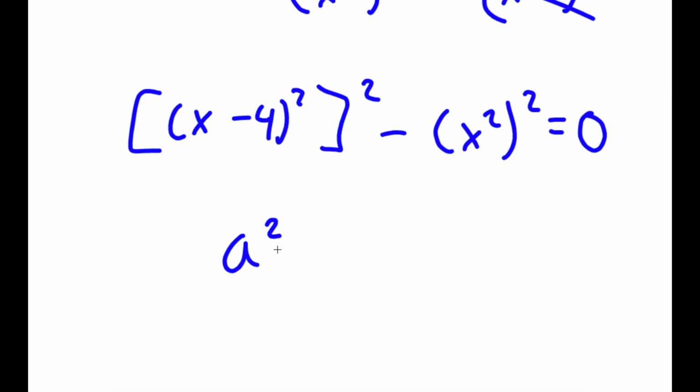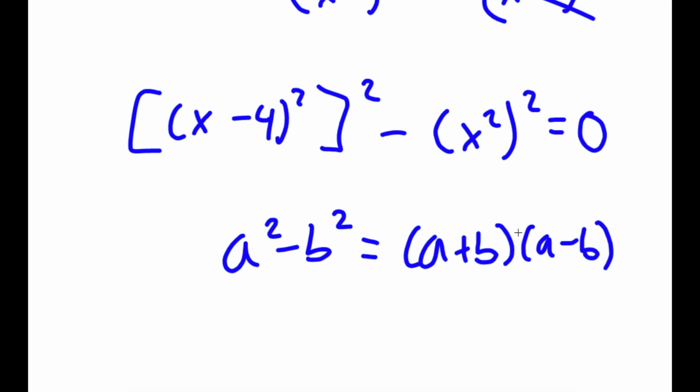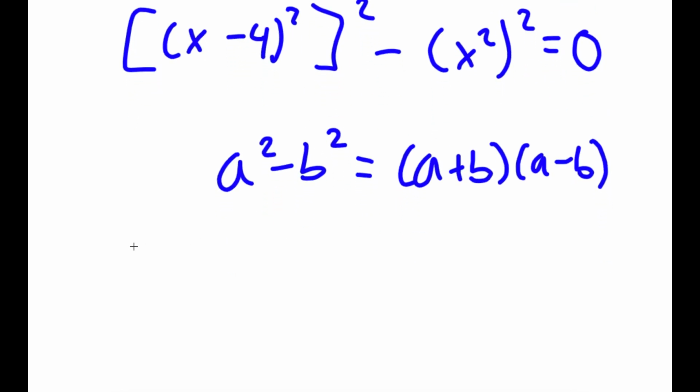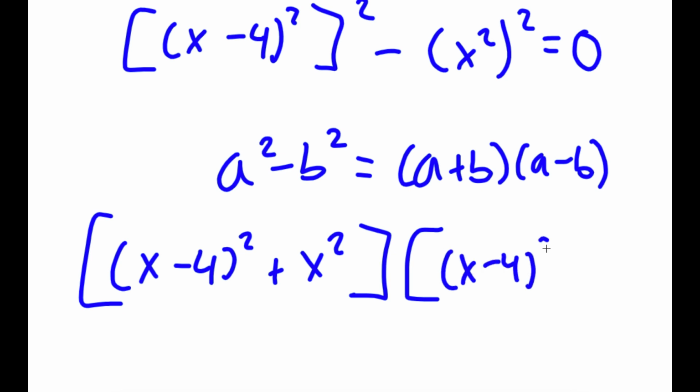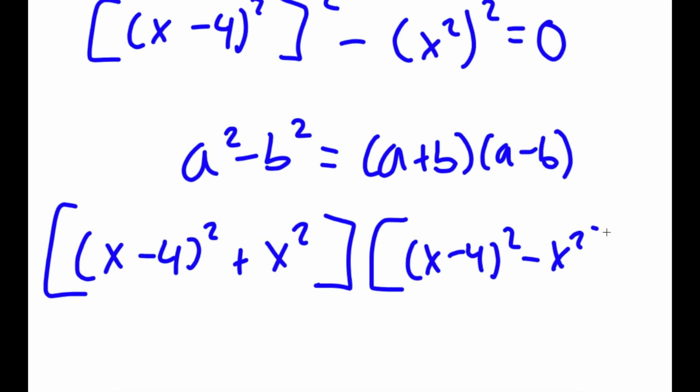Now if I have something in the form a squared minus b squared, this is equal to a plus b times a minus b. So in this case, this is equal to x minus 4 squared plus x squared times x minus 4 squared minus x squared is equal to 0.